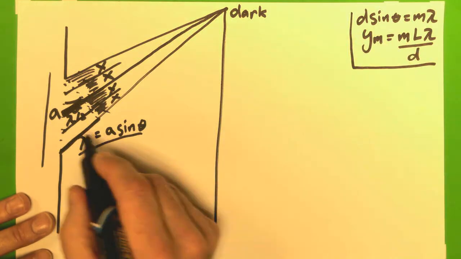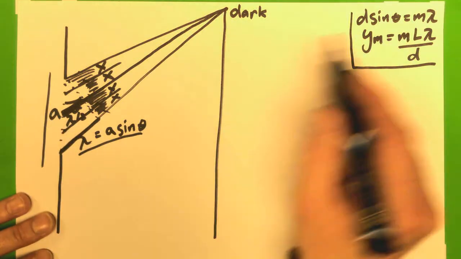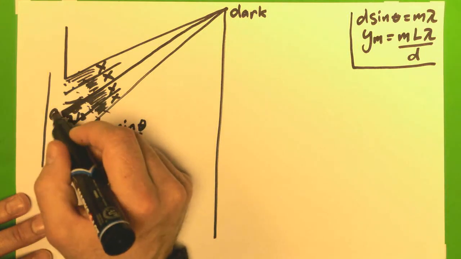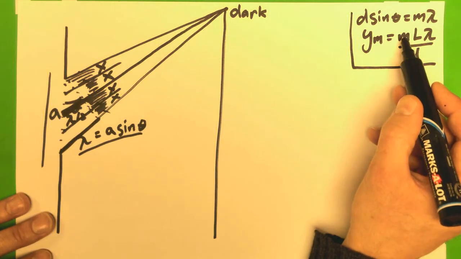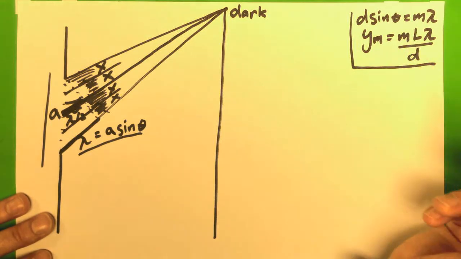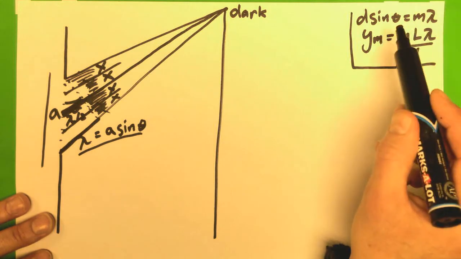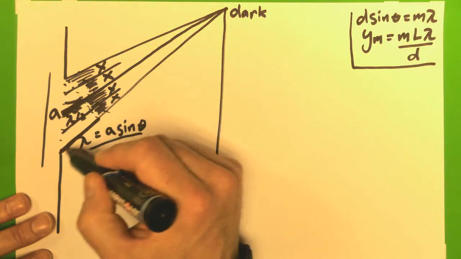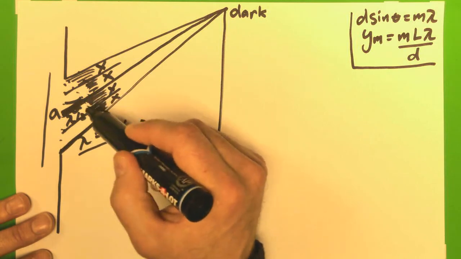Now the text likes to differentiate and help clarify the two different models. Instead of saying this is D, they call it A, and instead of using an integer or variable M, they use P. I don't like that. I want to know, what's the condition? Well, I know with single slit, that condition of one wavelength means all these photons are canceling.